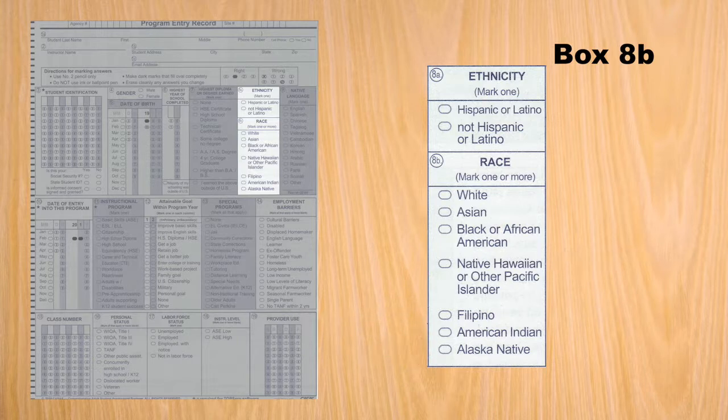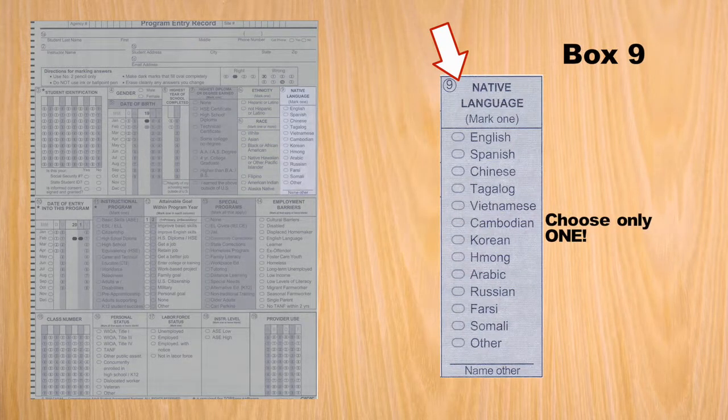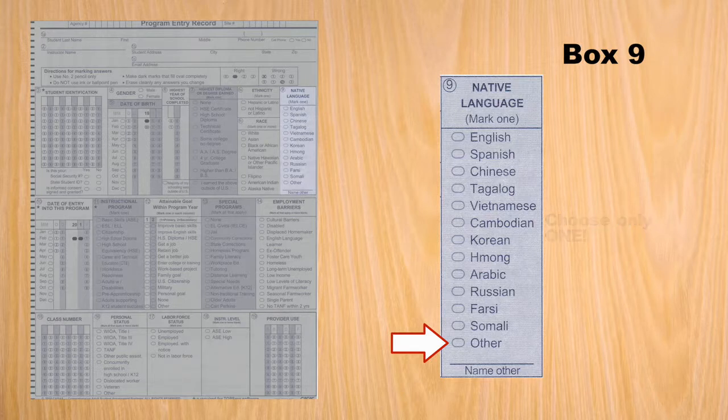If none apply, then leave these blank. Box 9 asks you to choose only one category for your native language: English, Spanish, Chinese, Tagalog, Vietnamese, Cambodian, Korean, Hmong, Arabic, Russian, Farsi, Somali, or choose Other and write in the name of your native language.